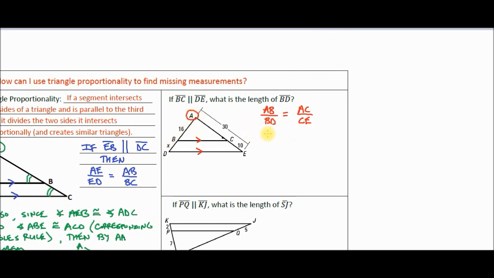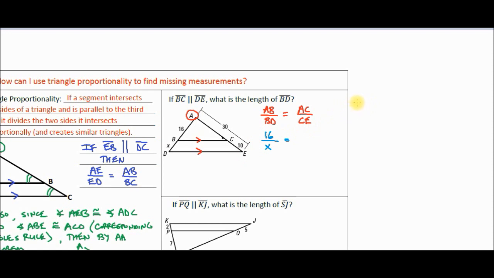AB is 16. BD is our unknown. AC, oh, we got a problem here. AC doesn't have a measurement, but look class, since AE is 30 and CE is 10, we can go ahead and solve this right now. I'll just put this in the margin over here.